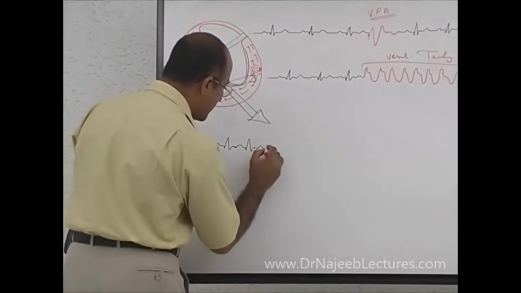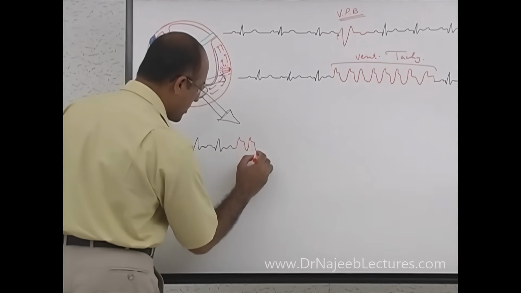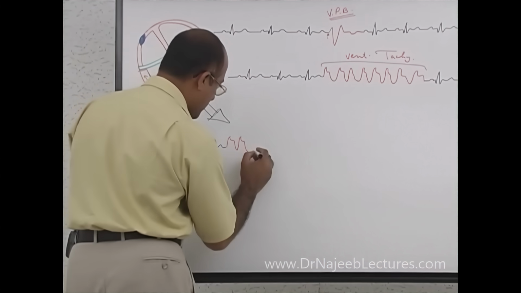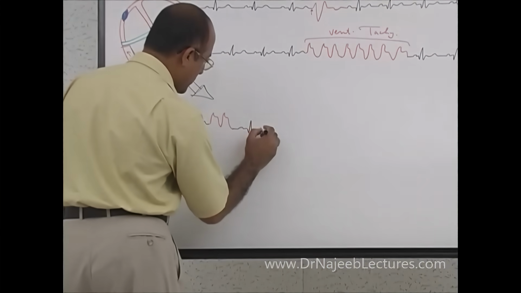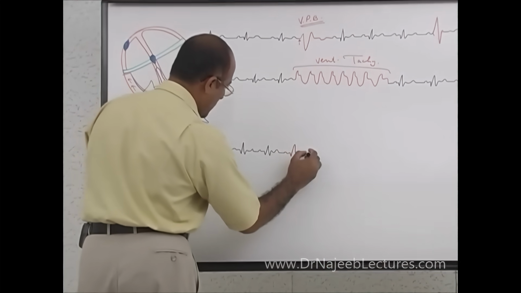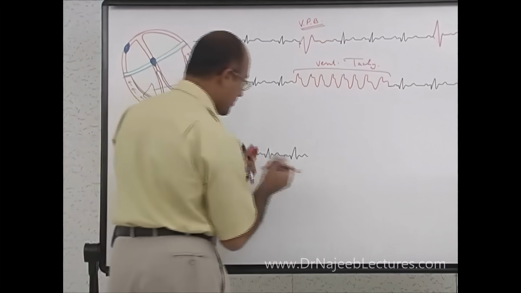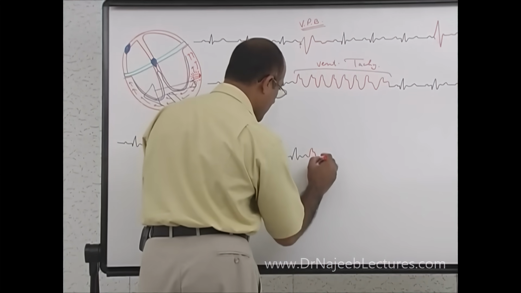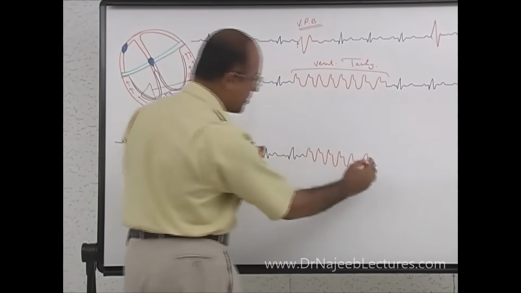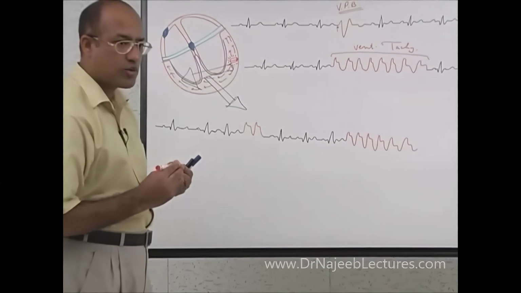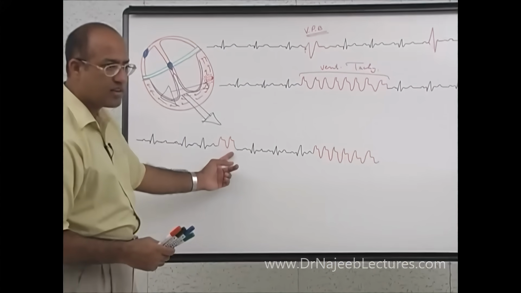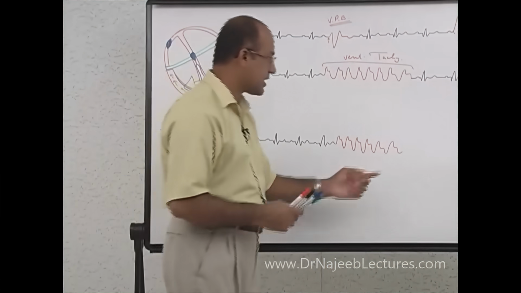Here there is a double abnormal firing, what is it now? This was ventricular premature beats, the double fire, then it is ventricular tachycardia.